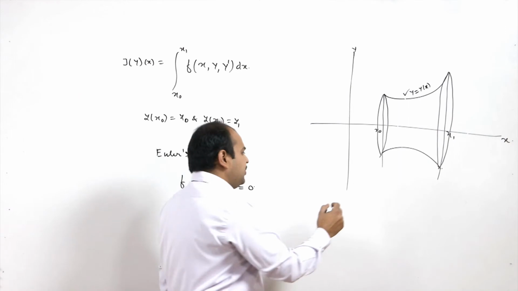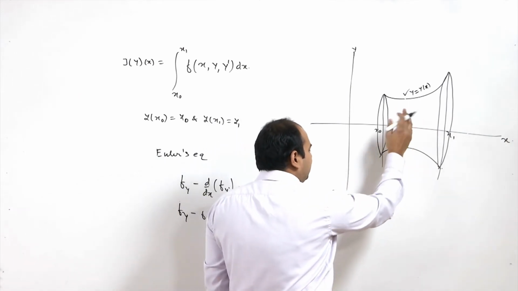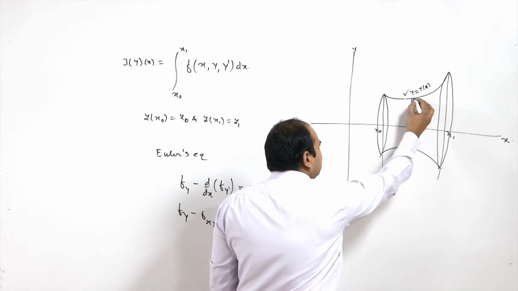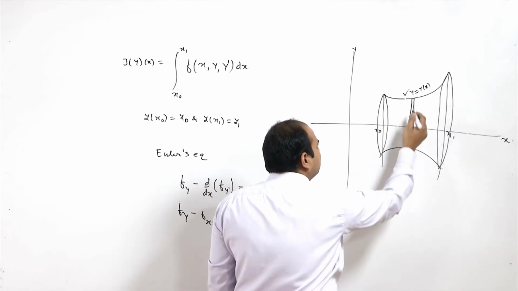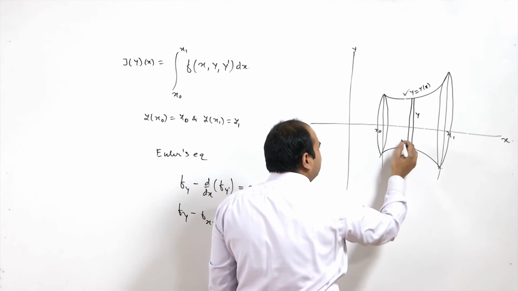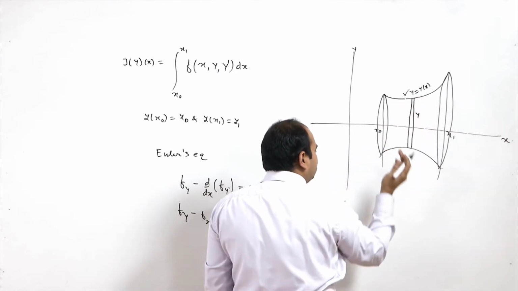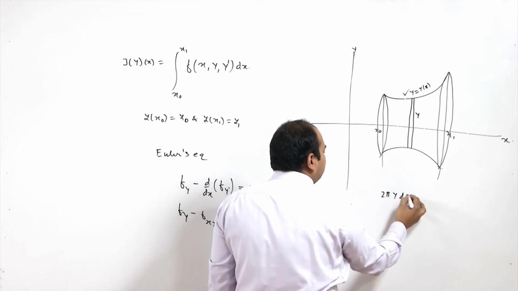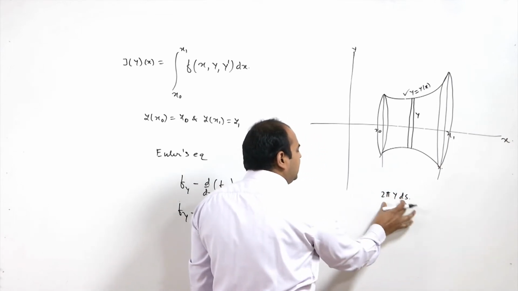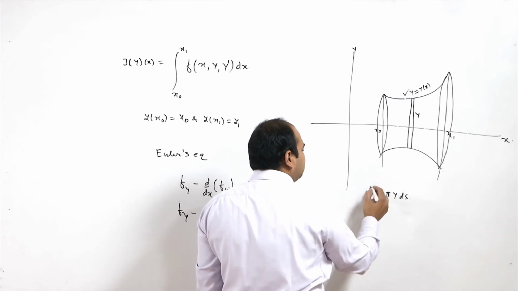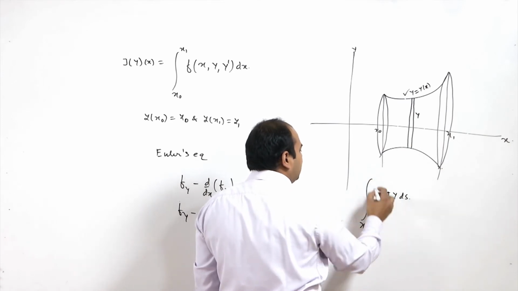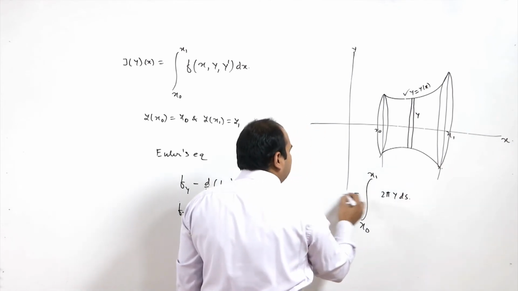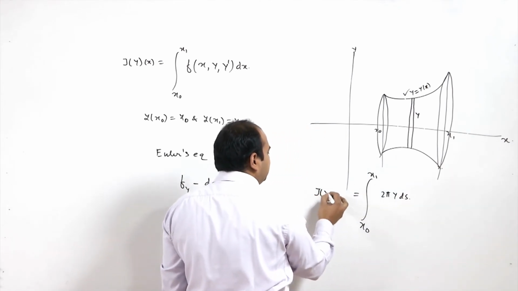So to find the surface area, we simply take a small element, and here this is y. So the surface area is going to be 2 pi y ds. So you can say that the surface area between x0 to x1 you can calculate like this: integral from x0 to x1 of 2 pi y ds, and let us call this a functional based on y.